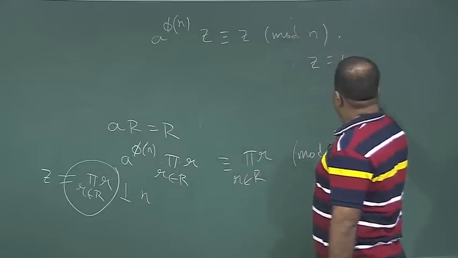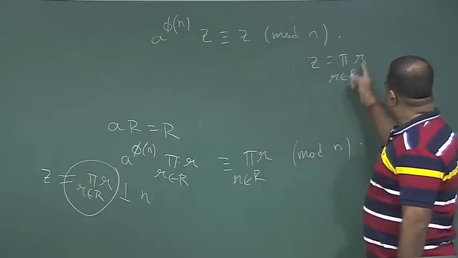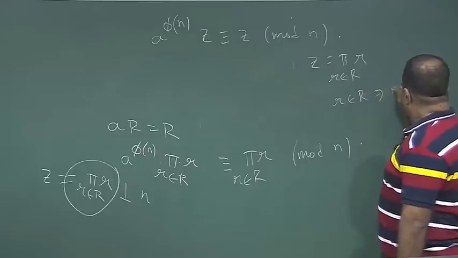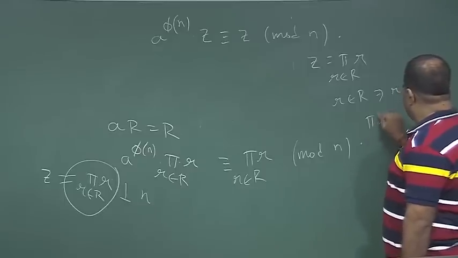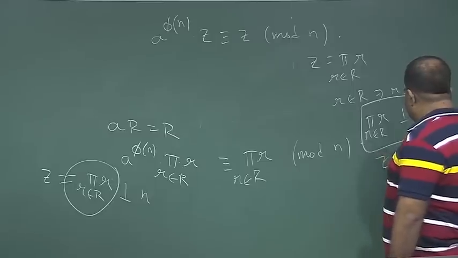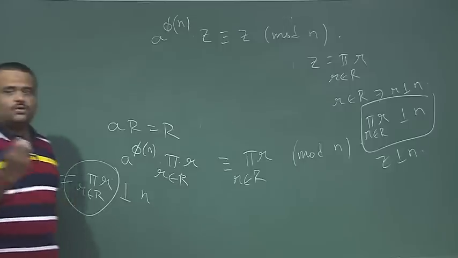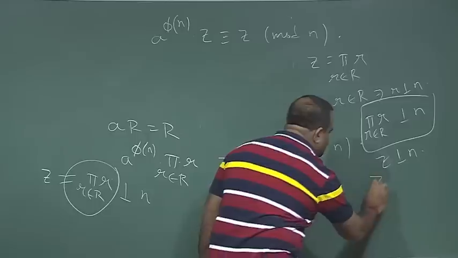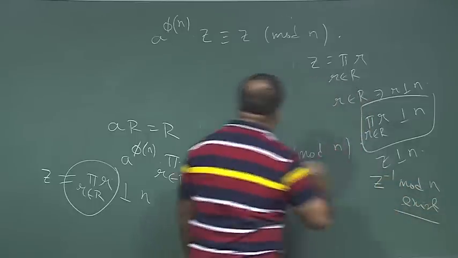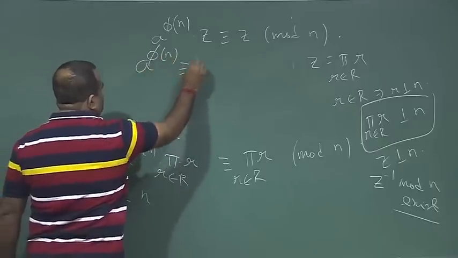Z is basically the product of the r's. If r belongs to R, then r is co-prime with n, so all the elements are co-prime with n. This symbol we use for relatively prime or co-prime. So, that means Z is co-prime to n, and Z inverse exists. We multiply Z inverse on both sides and get a to the power phi(n) congruent to 1 mod n.